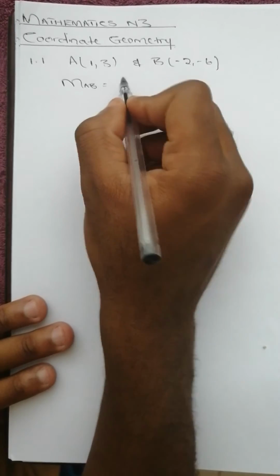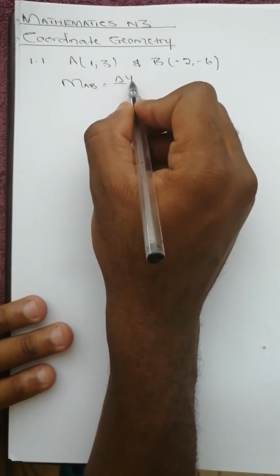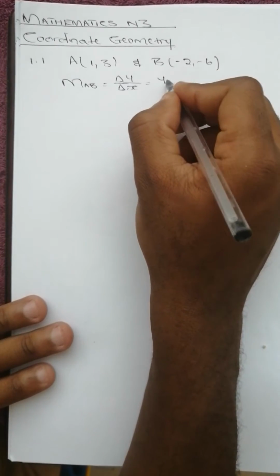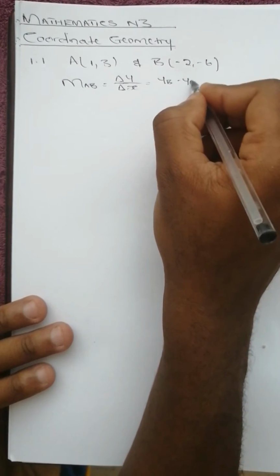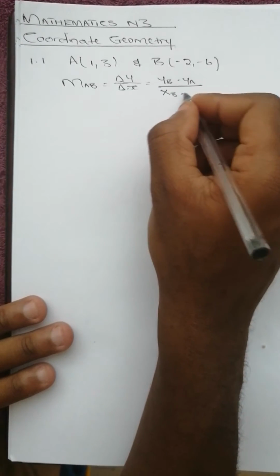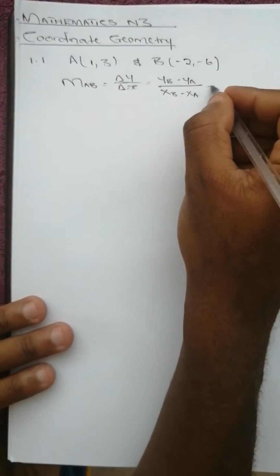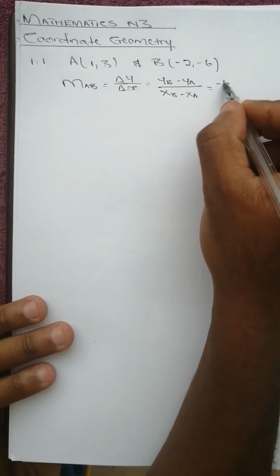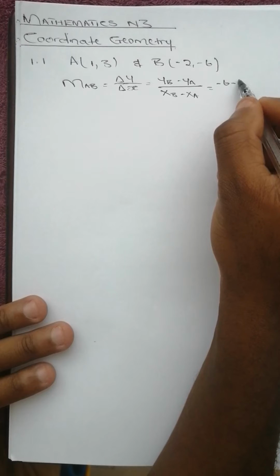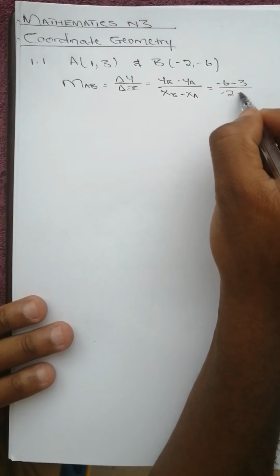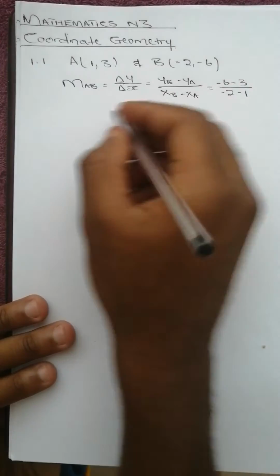So we'll start by calculating the gradient. m_AB equals change in y over change in x, whereby we're going to say y_B minus y_A over x_B minus x_A. This equals y_B is -6 minus y_A is 3 over x_B is -2 minus x_A is 1.